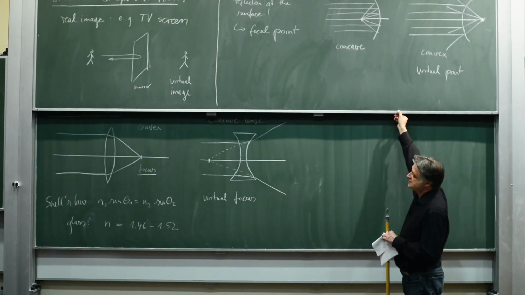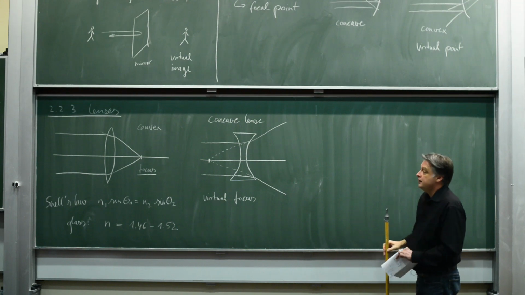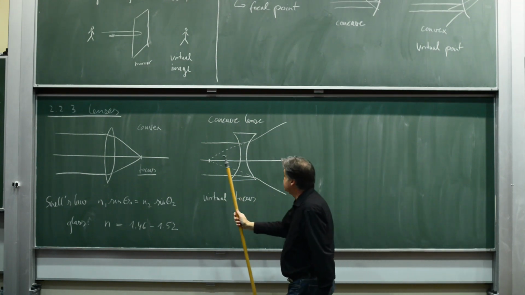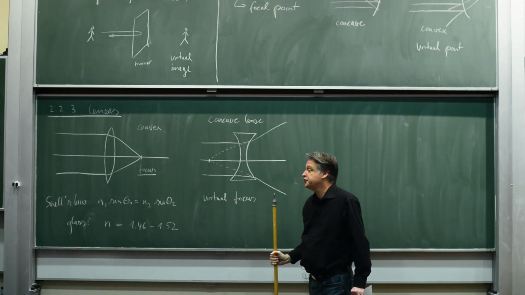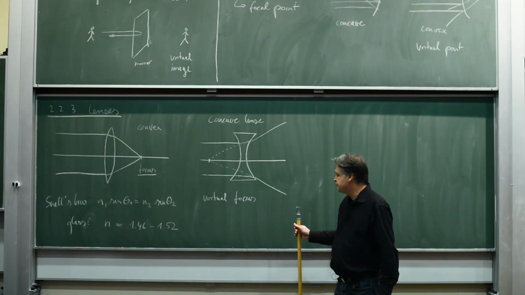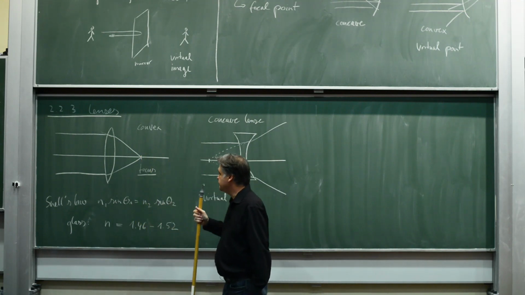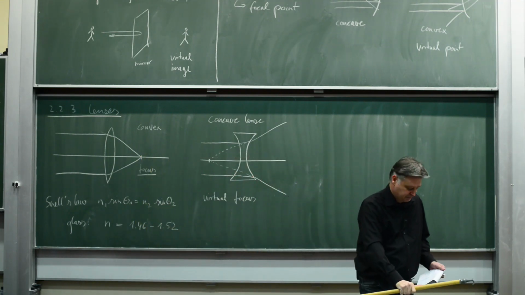For lenses, this behavior is quite opposite. So the keywords convex and concave refer to the curvature of the surface and not to the final result, namely on which side the focus finally appears.